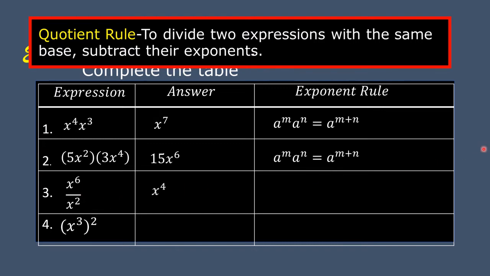So our answer is x raised to the exponent of 4. The exponent rule in symbols is a raised to the exponent of m divided by a raised to the exponent of n is equal to a raised to the exponent of m minus n.